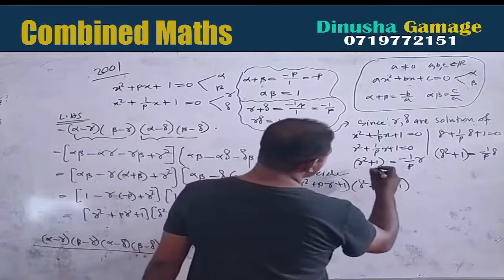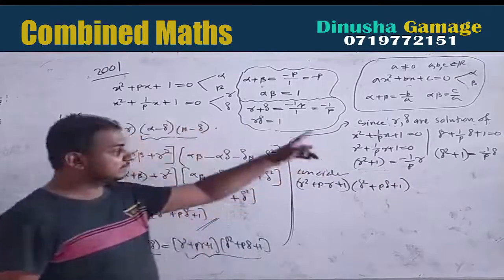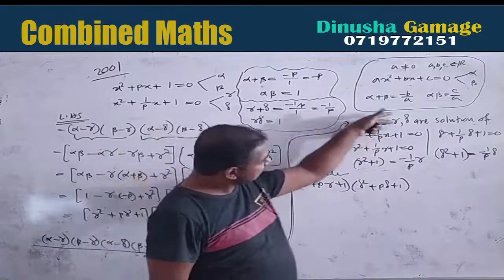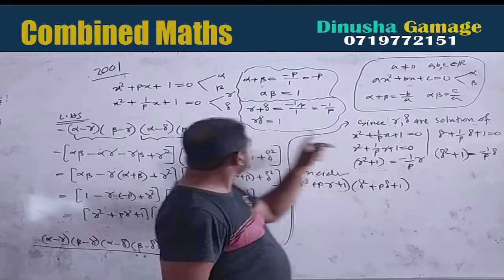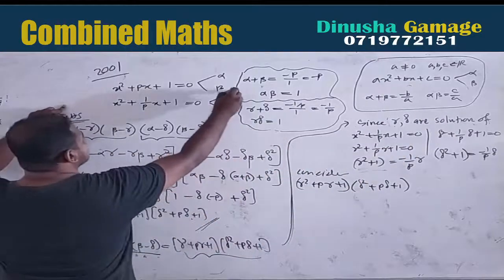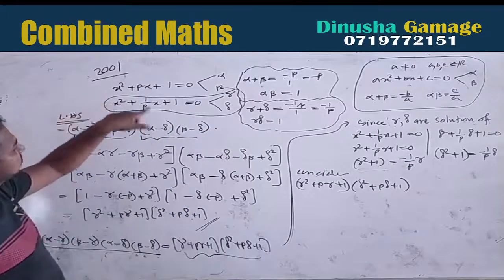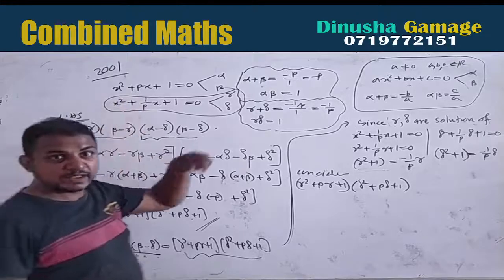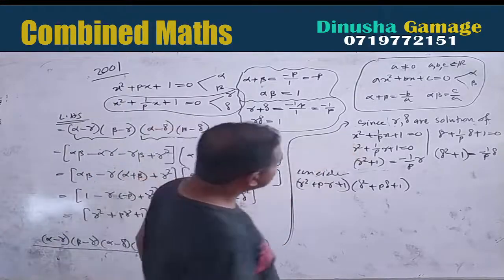Now there is a possibility to substitute for gamma square plus 1, because gamma and delta are the solutions of this equation. Right? If gamma and delta are the solutions of this equation, definitely it must be satisfied by gamma and delta. That's what I have done. Got it?